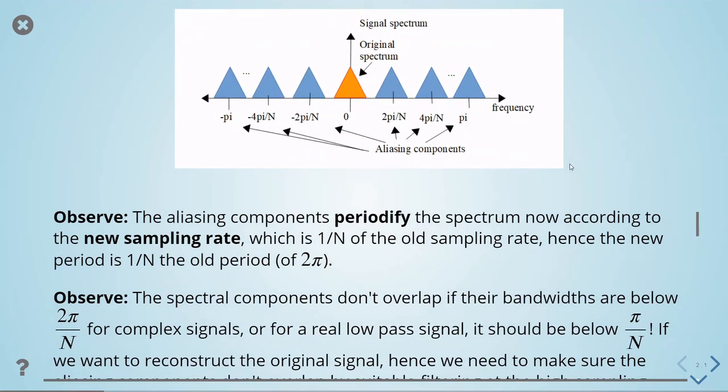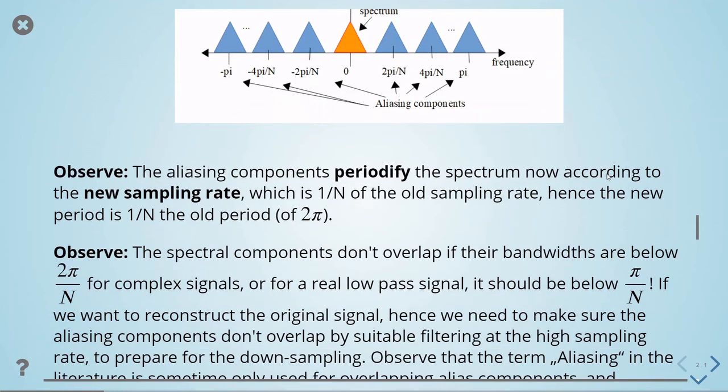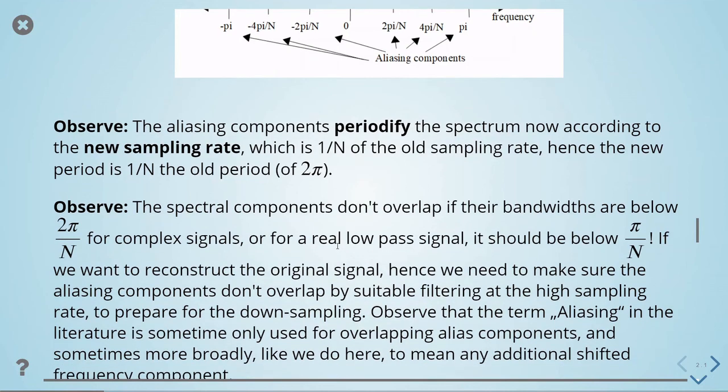Let's observe that the spectral components don't overlap if their bandwidths are below 2 pi divided by capital N for complex signals, or for real signals below pi divided by N. This is very important, because if we want to reconstruct the original signal, we need to make sure that the aliasing components don't overlap by suitable filtering at the high sampling rate, to prepare for the downsampling.